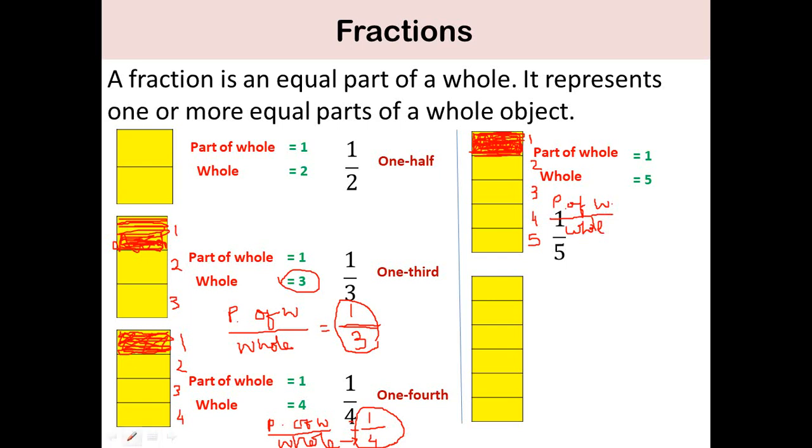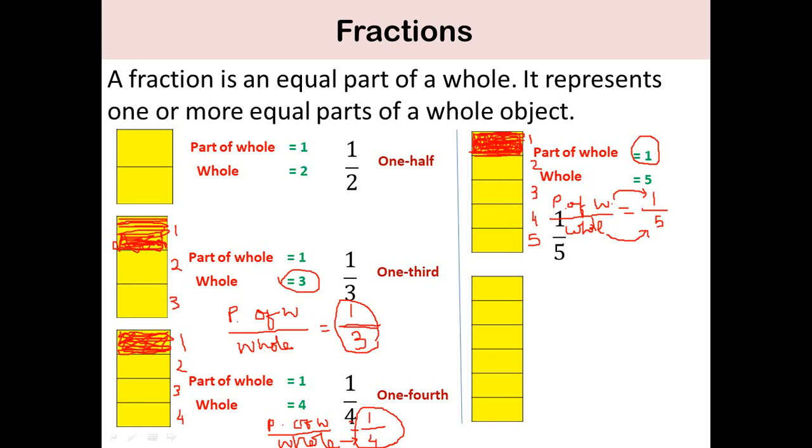How 1 by 5? See, part of whole is how much? 1, because only one part I have taken, or only one part has been shaded, right? So instead of part of whole, I will write 1, and instead of whole, I will write 5, right?